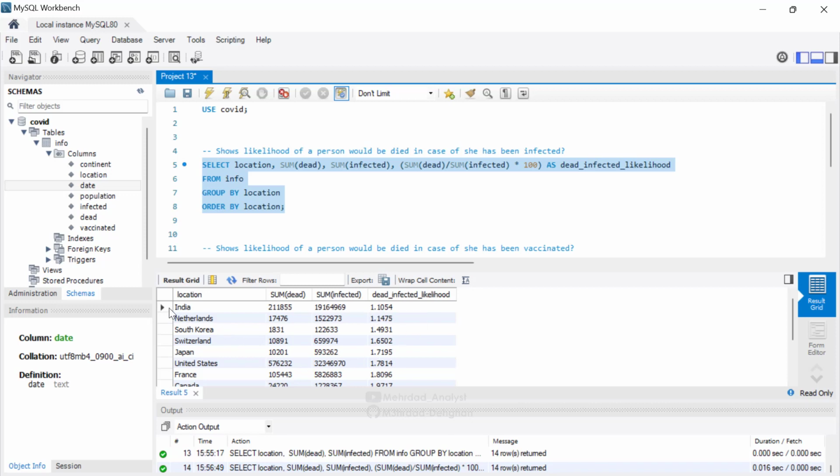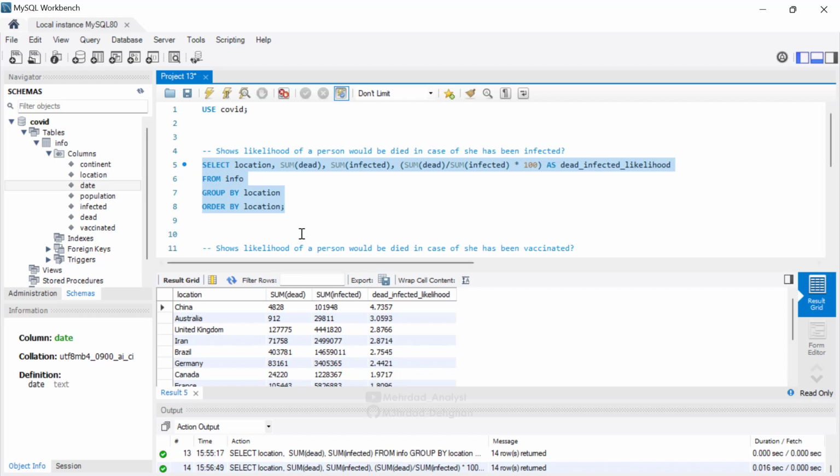Per every 100 people infected by COVID-19, just 1 person died. And it is very interesting. What about the worst country? It is just China. In China, per every 100 people who were infected by COVID-19, 4 people died.